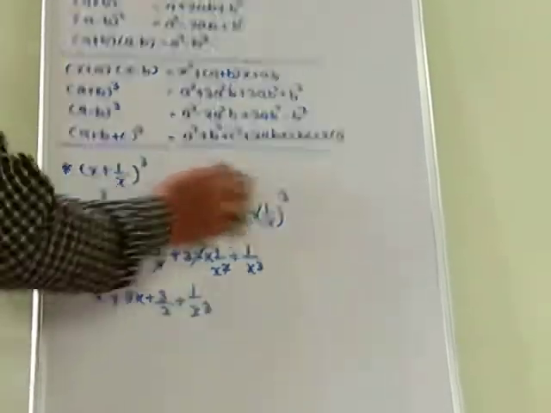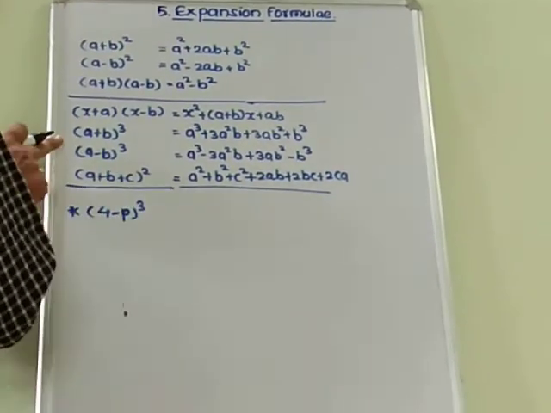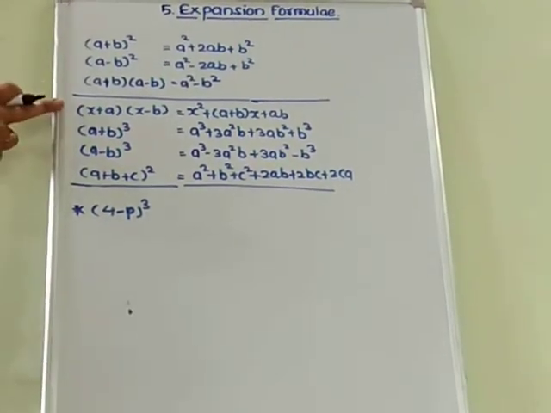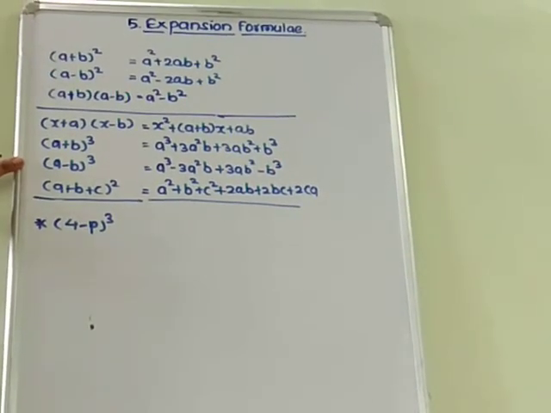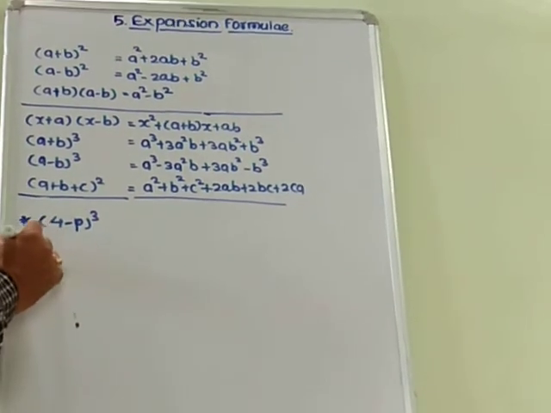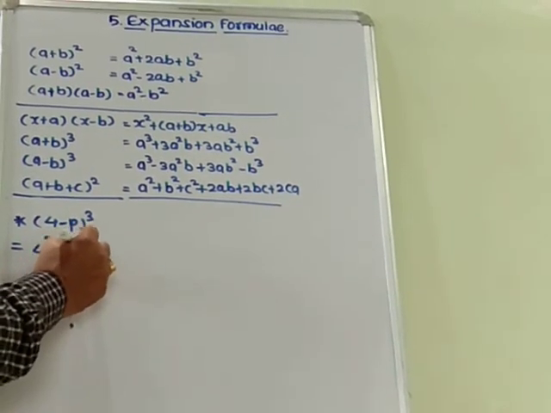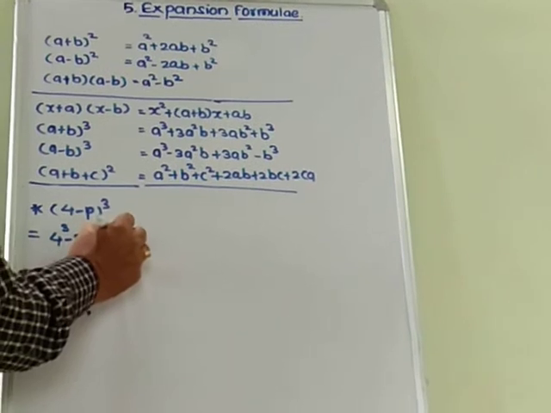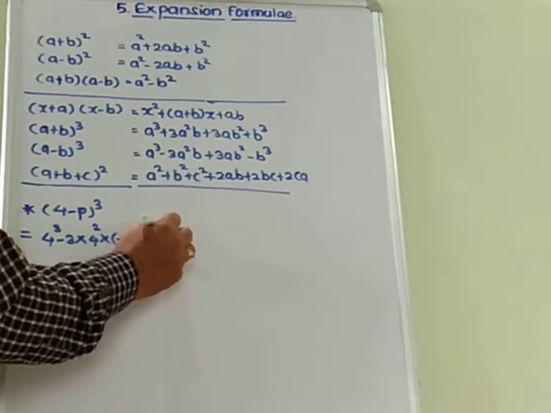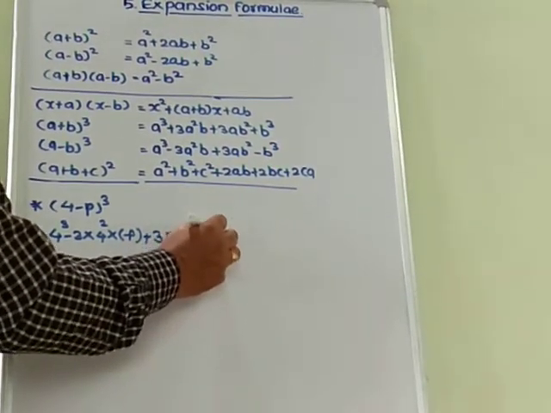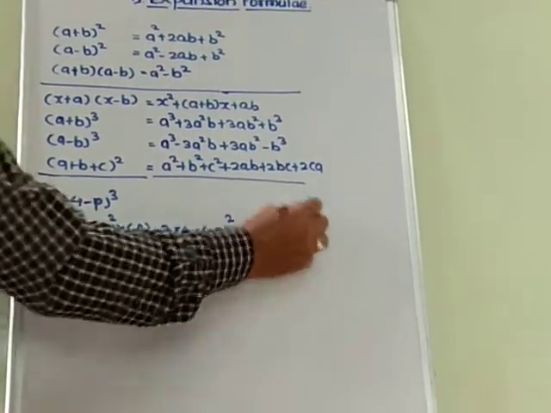Okay. 4 minus p bracket cube, related to the third formula. We see 2-3 examples of the first formula, 2-3 examples of the second formula. Now we are seeing the third formula, 2-3 examples. What is it? First term cube minus 3 into first term square into second term plus 3 into first term into second term square minus second term cube.